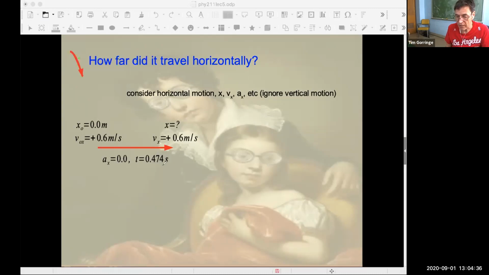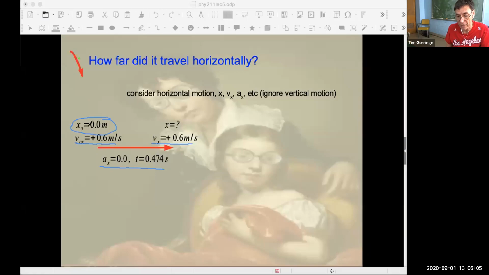So things I know, for example, I know there's no acceleration in the horizontal direction, ax equals 0. I know the time taken, we just figured that out, it's 0.47 seconds. I know the initial velocity, 0.6 meters per second, we're told it in the question. And I know because there's no acceleration, that's the final velocity too. I'm going to call the initial location that we start at x equals 0.